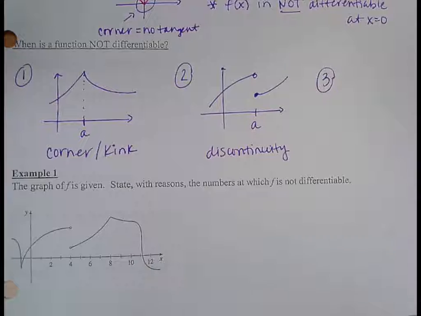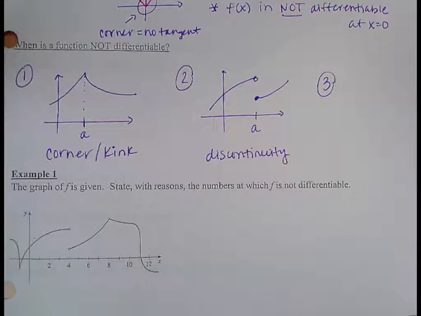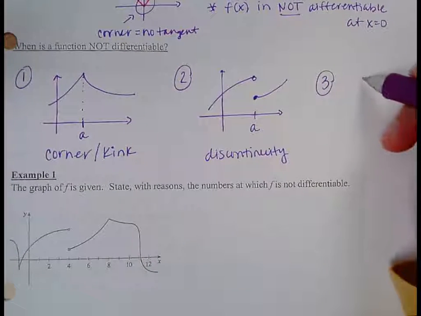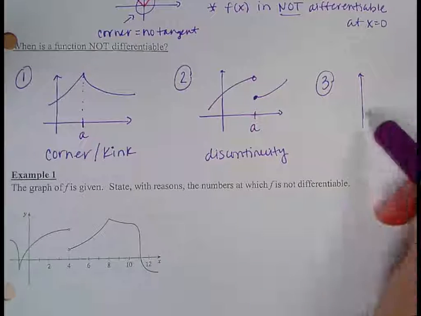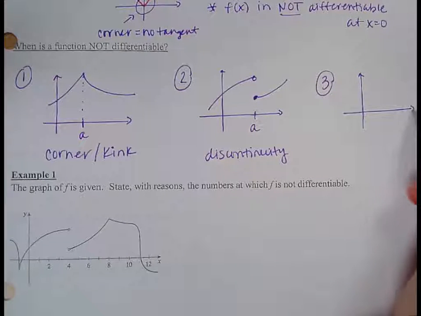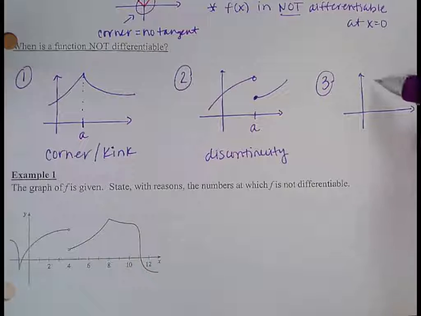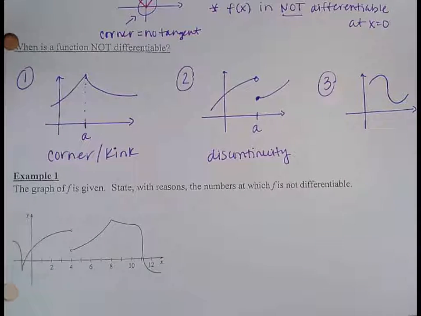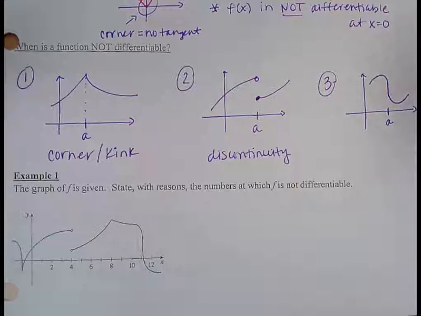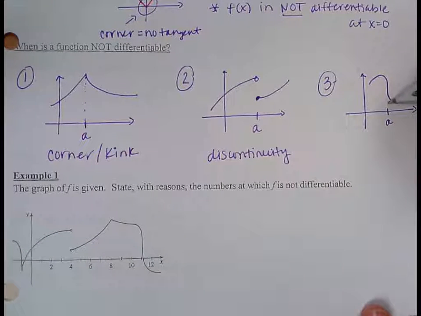And then the other case where it would not be differentiable is if there is a vertical tangent line. So if you had a curve that's still a function, but say your a value is here, the tangent line at that a value would be vertical.